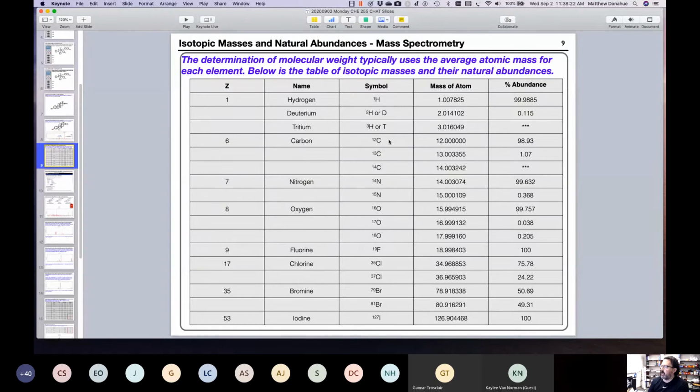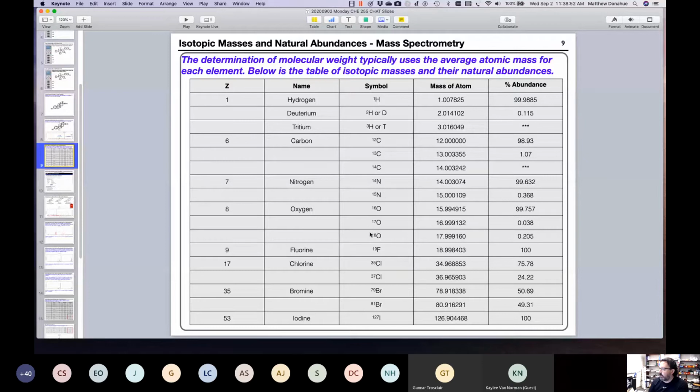Carbon has 3 isotopes, C12, C13, and C14. C12 is the naturally abundant isotope at 98.93%. C13 is a stable isotope. It has 1.07% abundance. And then C14 is the radioactive isotope, and there's its mass. Nitrogen has 2 isotopes, N14 and 15.